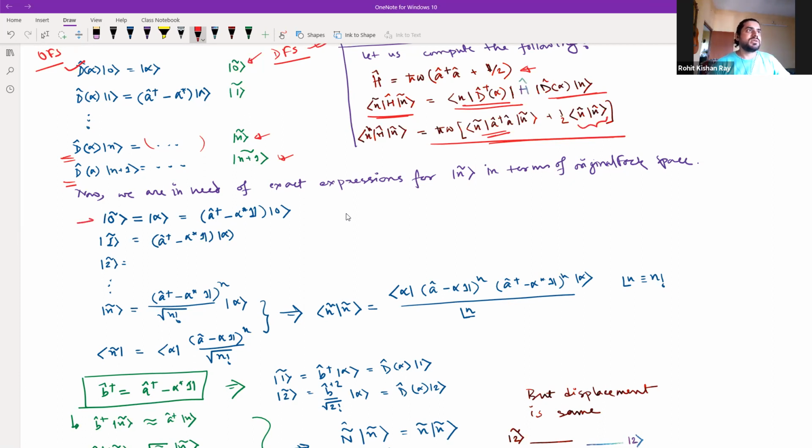So first, 0 is what it was before. This comes directly from the definition of the displacement operator. Then we start with 1 tilde, which goes like this. So 2 tilde will have something like this form.